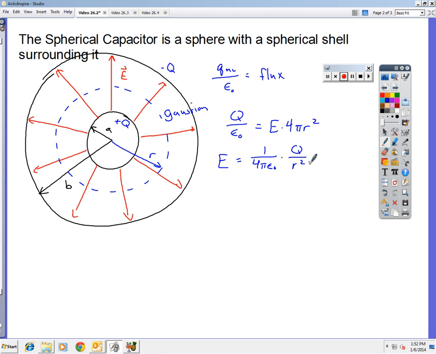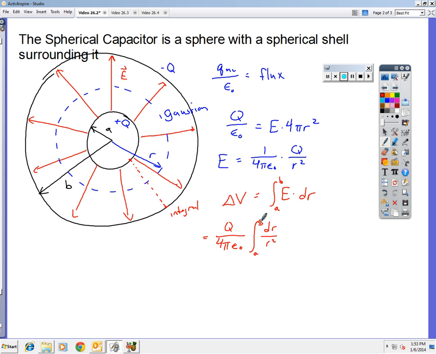Now though, what we need to do is find the voltage difference between the inner and outer shells. So we need to integrate starting here and ending up there. And so delta V is going to be the integral of E dr, because we're moving along the radius. You're moving from radius little a up to radius little b. And so we bring all the constants out the front of the integral, and that leaves us with dr over r squared integrated from a to b.